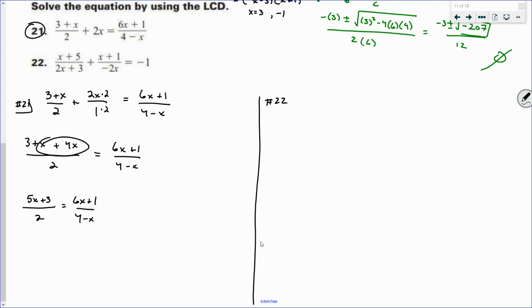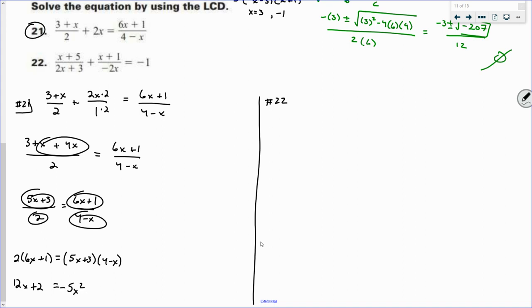Now I'm going to use cross products. So this times this. This times this. Let's see what happens. So 12x plus 2 equals negative 5x squared.